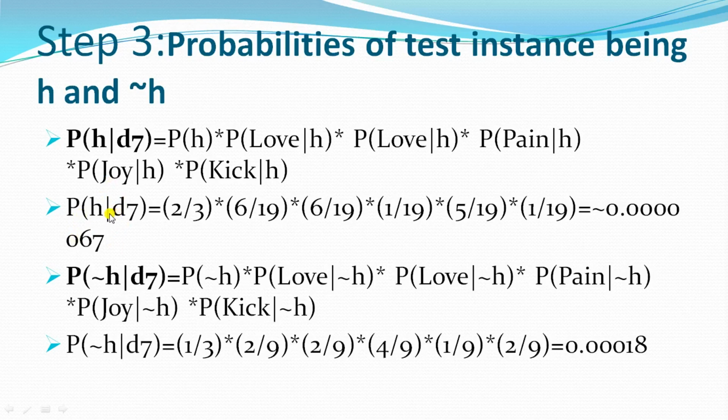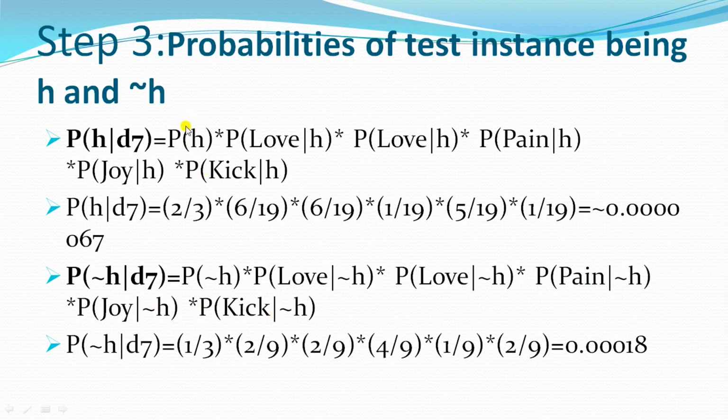Now we are done with particular H. Now let's go to particular no. What's the probability of that particular test statement being in class negation, that is no. The formula remains the same, that is equal to P of negation of H into multiplication of all possible terms, probability of terms available in this particular test data.